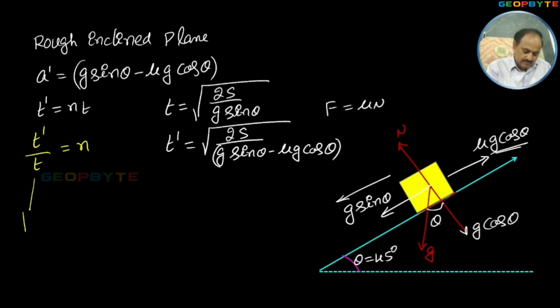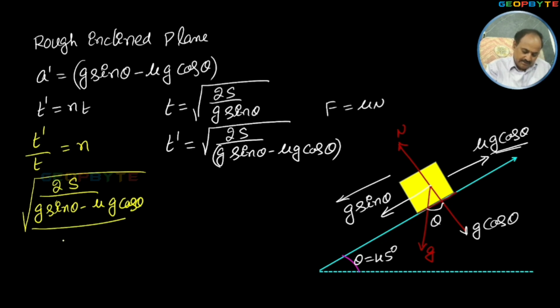Listen carefully: root over 2s by (g sin theta minus mu g cos theta), divided by root over 2s by g sin theta, is equal to n.